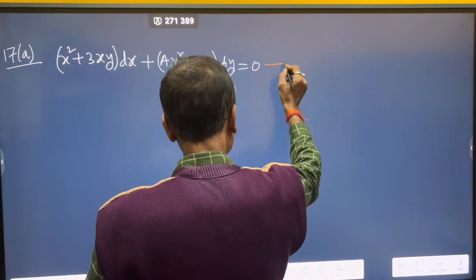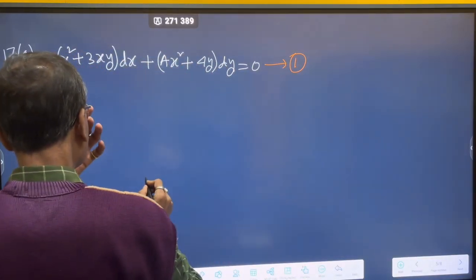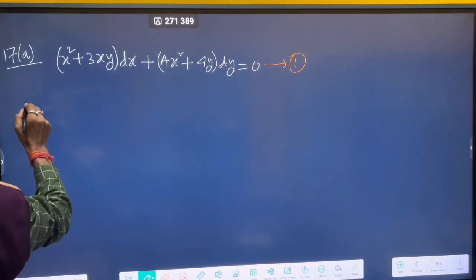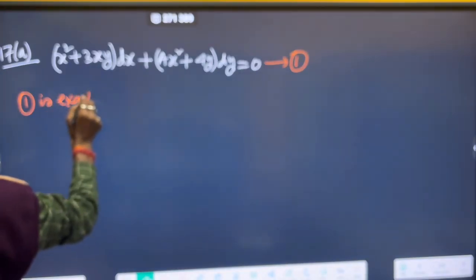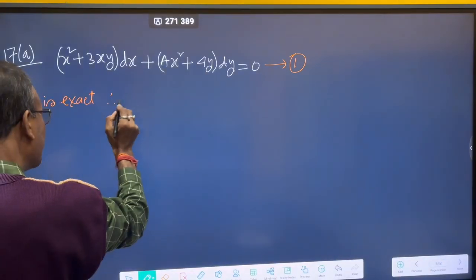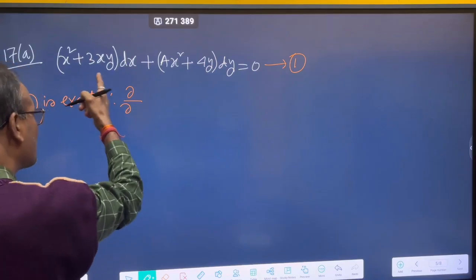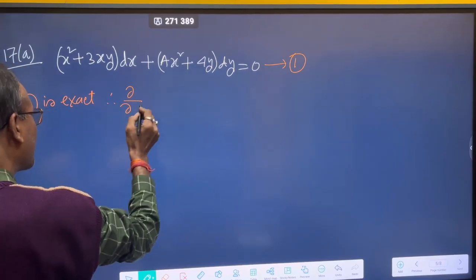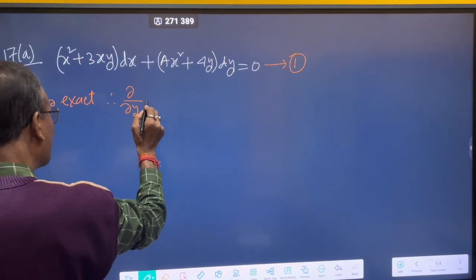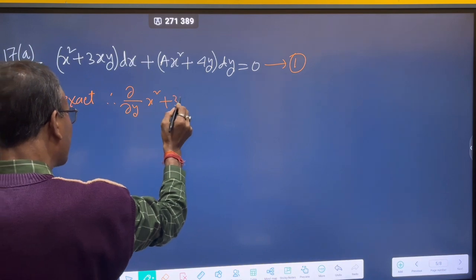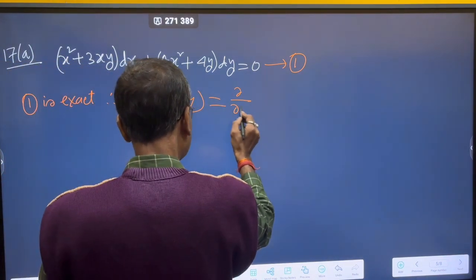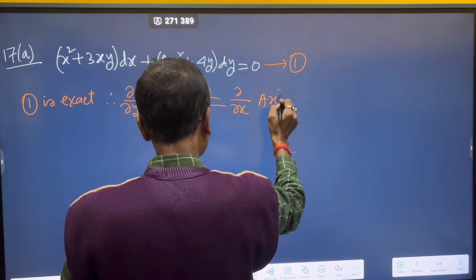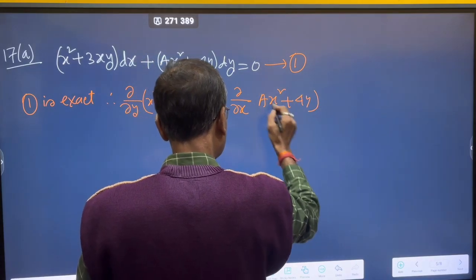Suppose this is number 1. It is given that 1 is exact. Therefore, it is of the form M dx plus N dy, so del by del y of x square plus thrice xy equals del by del x of a x square plus 4y.